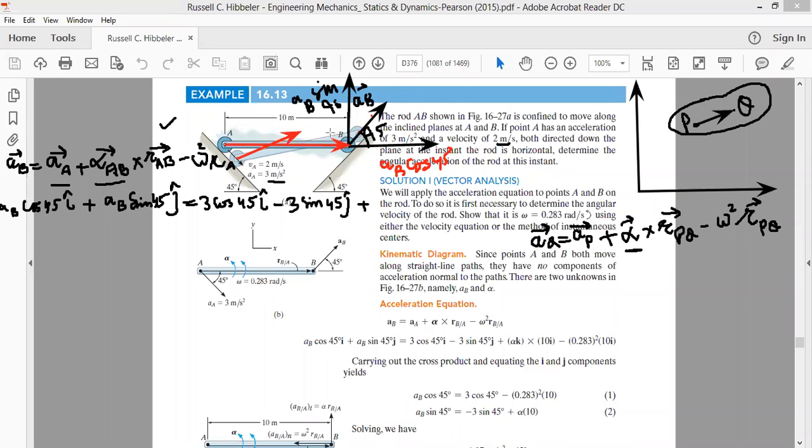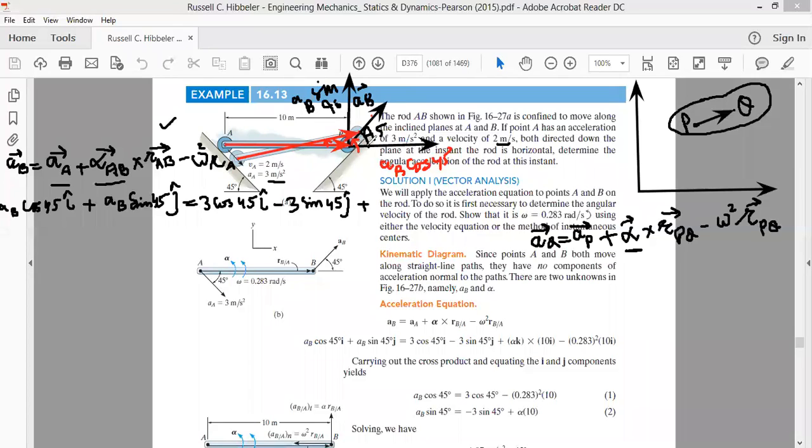If you look at the sense of rotation of this rod, initially it was horizontal, now it's like this. The angle is being described in the anti-clockwise direction, or we say the rod is rotating in the anti-clockwise direction.